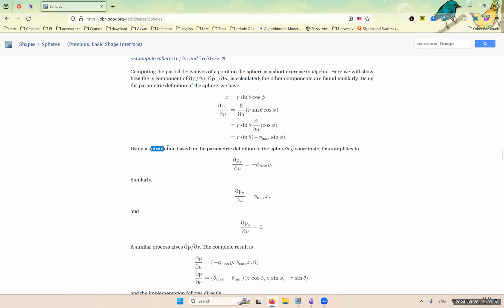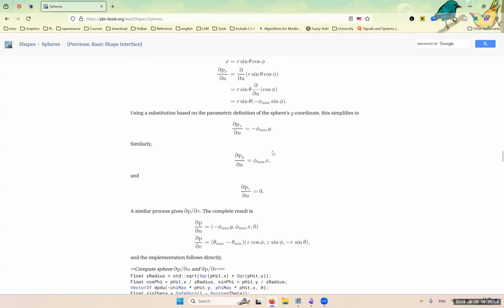And we can substitute it based on the parametric definition of the sphere's y coordinate. So we can substitute the r sine theta sine phi with y. Similarly, like this.